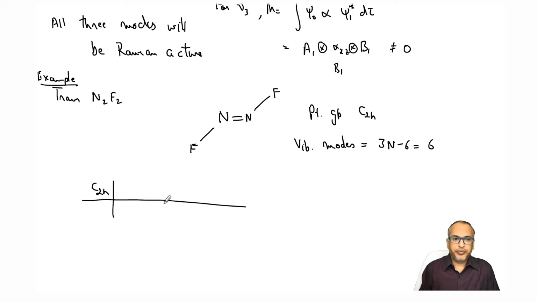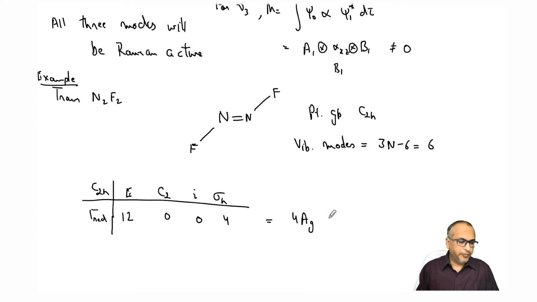C2h. So you have E, C2, i, sigma h. Tau reducible, I'm directly writing tau reducible, so that will give you 12, 0, 0, 4, and this will be equal to 4 Ag plus 2 Bg.